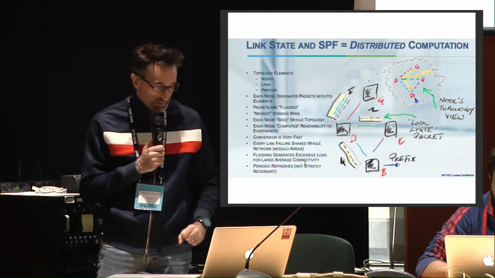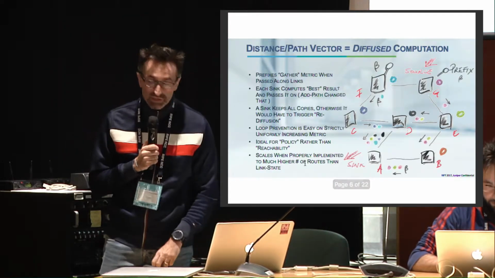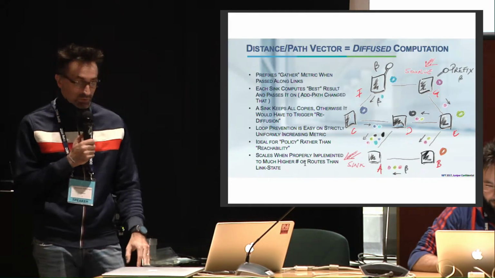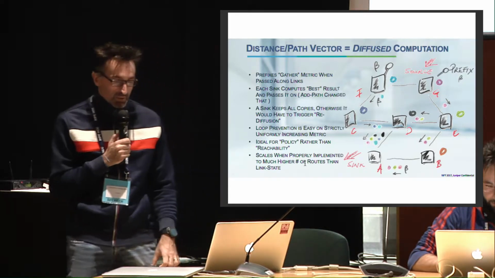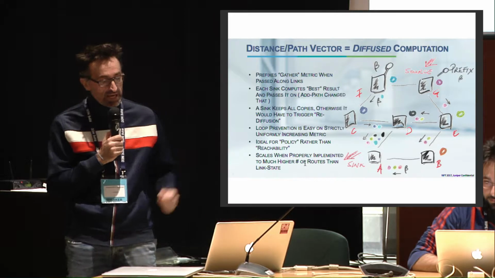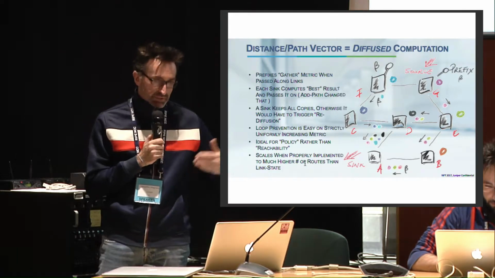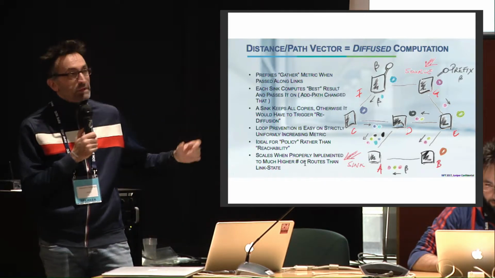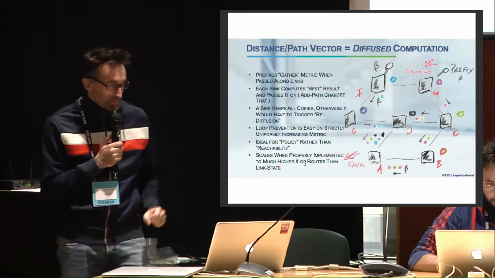On the other side, we have distance or path vector protocols, which is a very different approach as prefixes are advertised hop by hop and metrics are added on each hop, attributes and so on. We all know about this stuff, so I want to go pretty quick here.